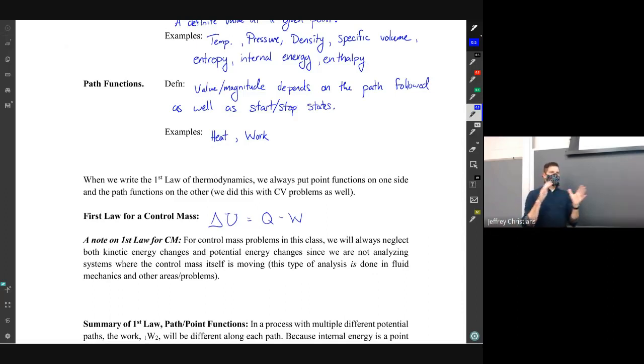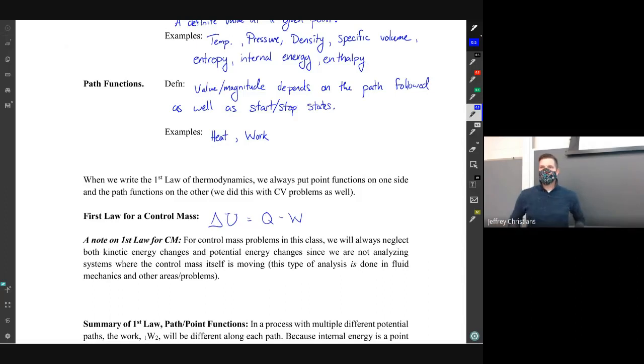If you wanted a change in potential energy in a piston cylinder problem, you're talking about taking your piston and throwing it in the air. Similarly, for a change in kinetic energy, you throw your piston across the room. So there are just things that aren't going to happen in the analysis of the problems that we care about.